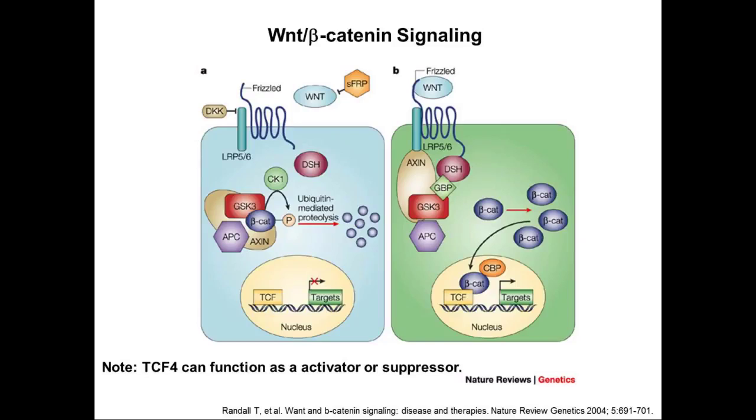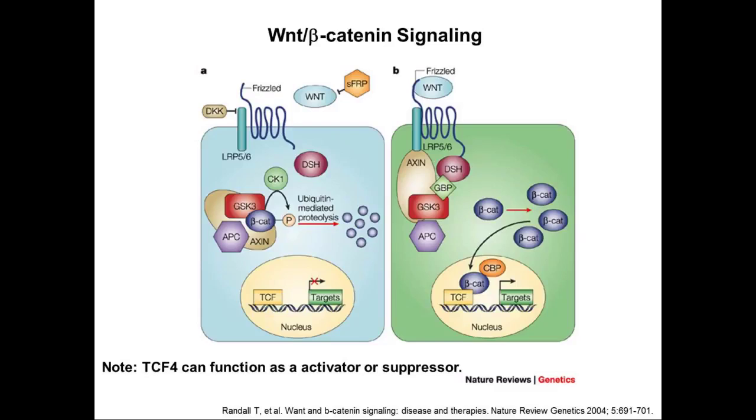Briefly, this cartoon shows how beta-catenin activation is involved in gene regulation. When Wnt signaling is activated, the complex, including APC, axin 2, and GSK3 beta, is very important in determining GSK3 kinase activity.